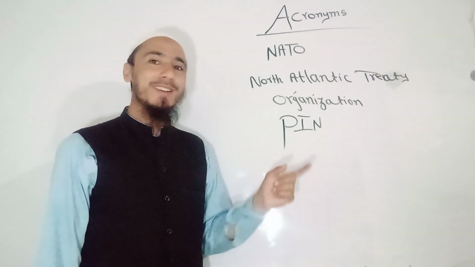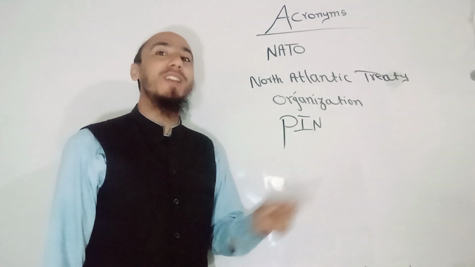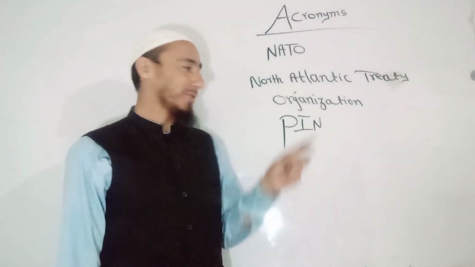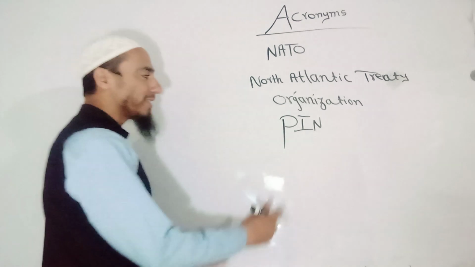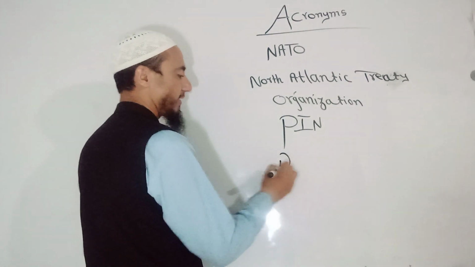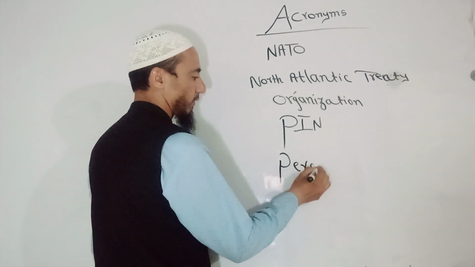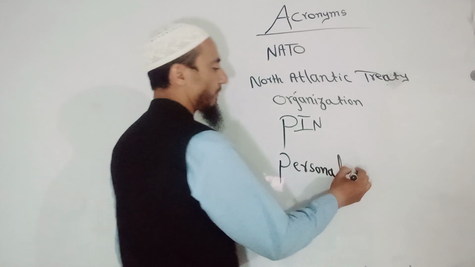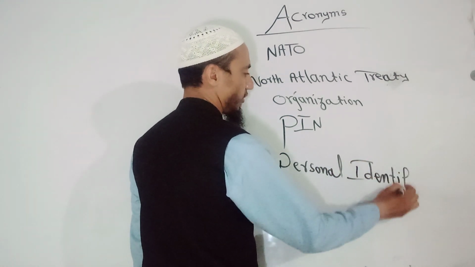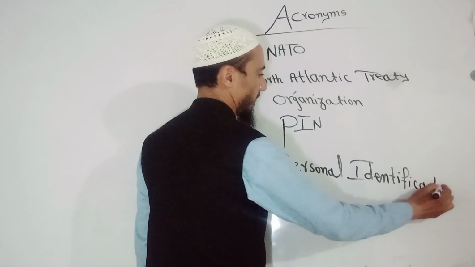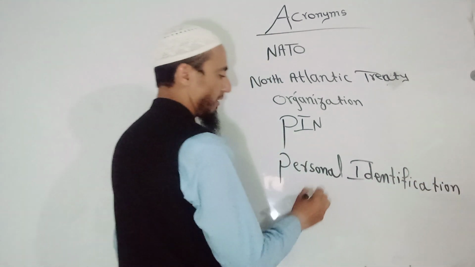So PIN means personal identification number. So this is an example of an acronym. And how is it formed? For example, personal identification number.